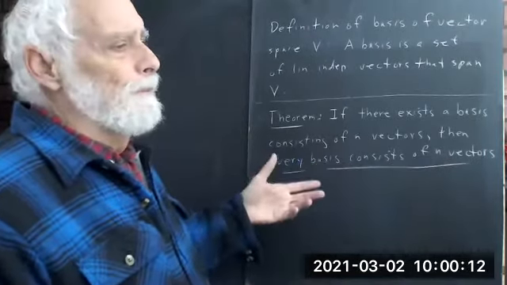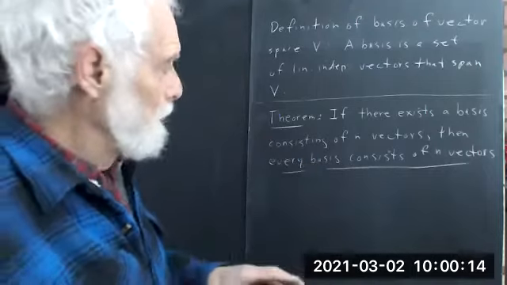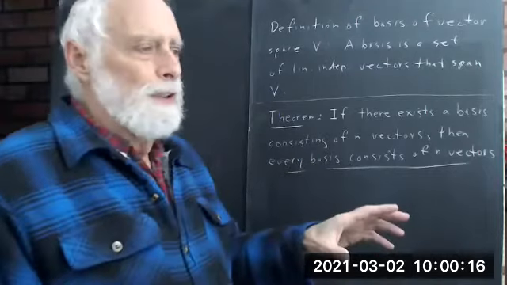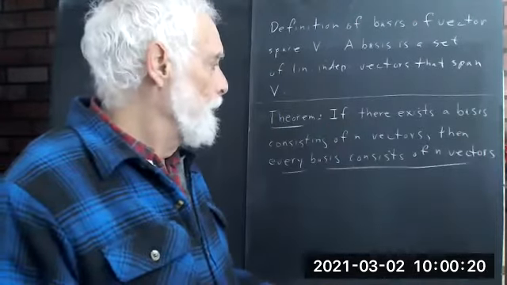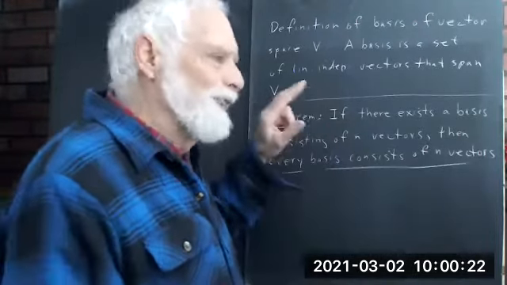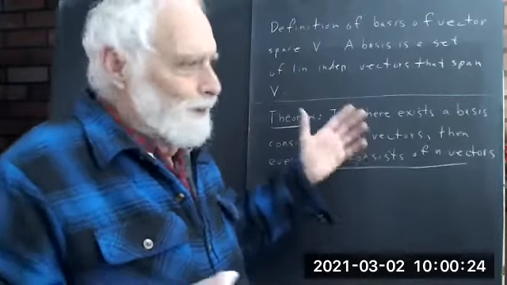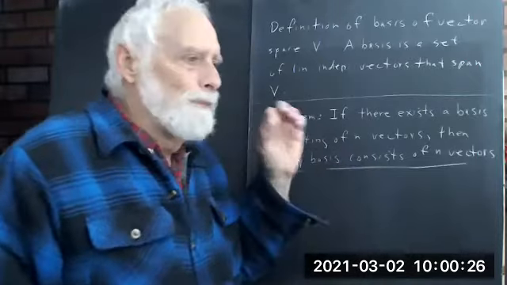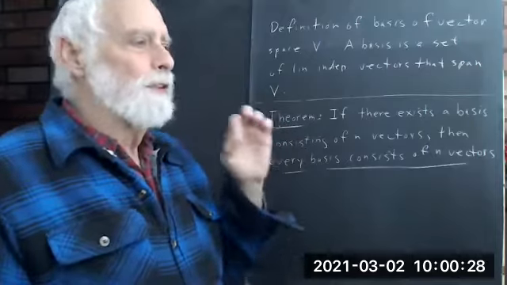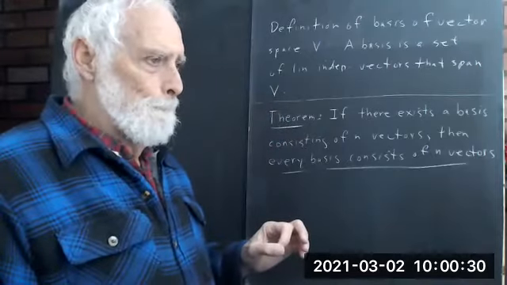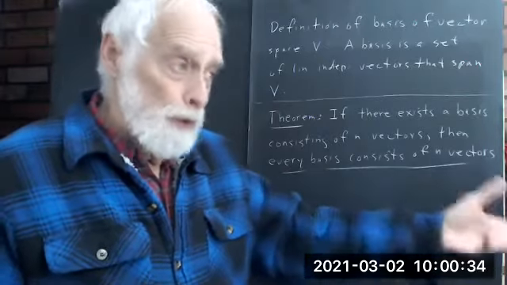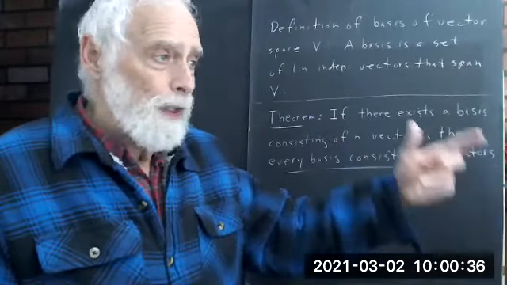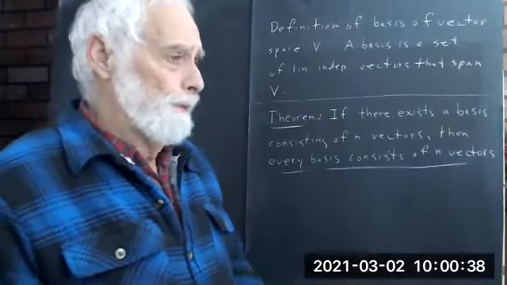I'm sorry, say it again. Get the statement right. If you have a basis that consists of n vectors, then another set of vectors with more than n vectors can't be a basis.